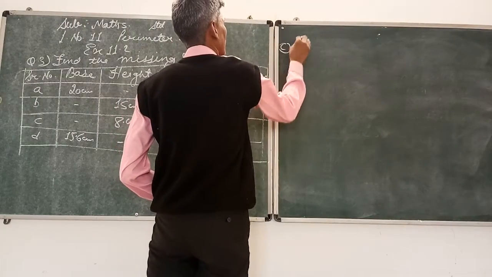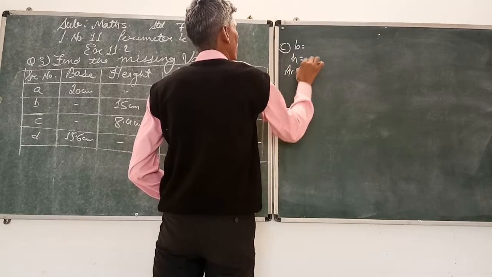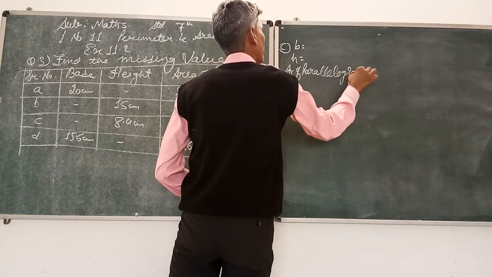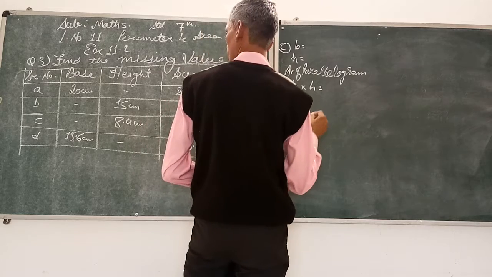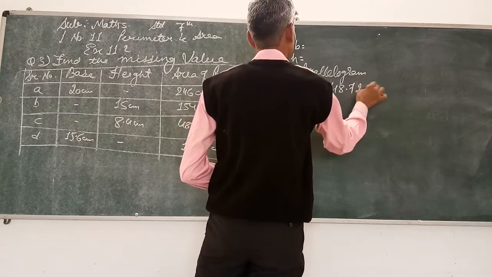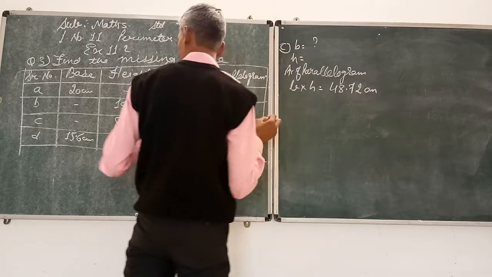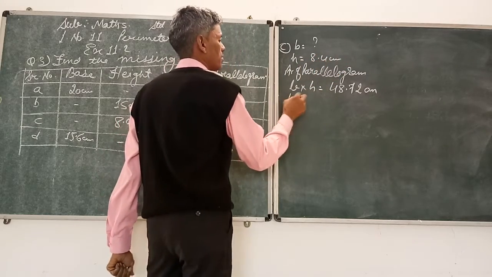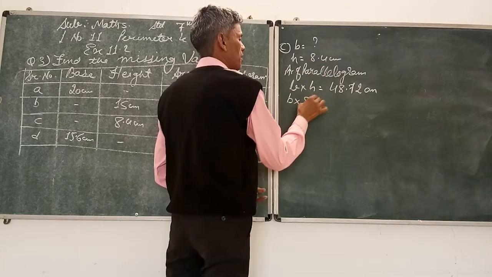That's C. Base, height, area of parallelogram. Base into height. That means 48.72 centimeter. Base is not given, we have to find. Height is given 8.4 centimeter.